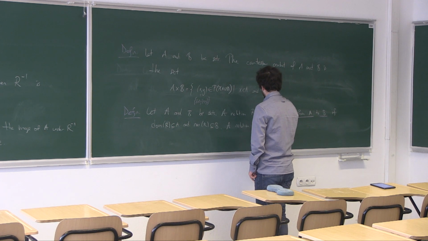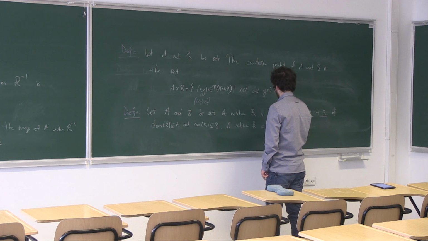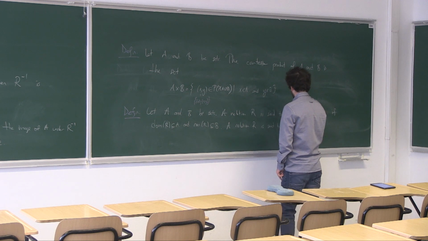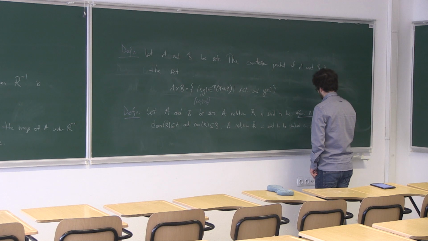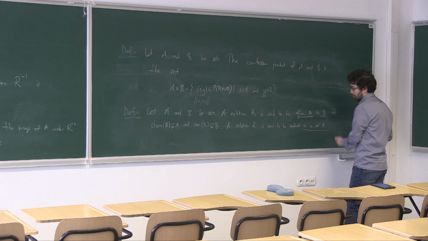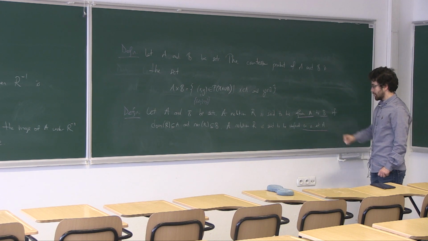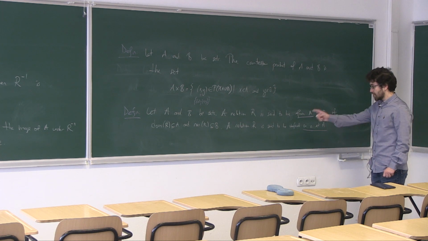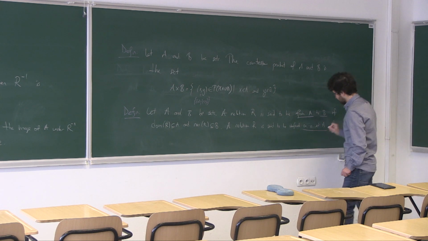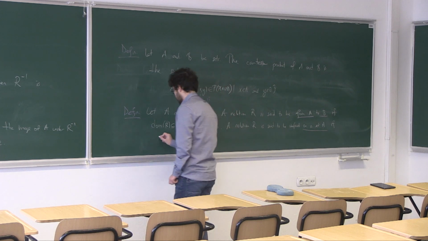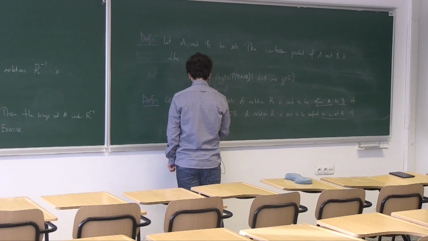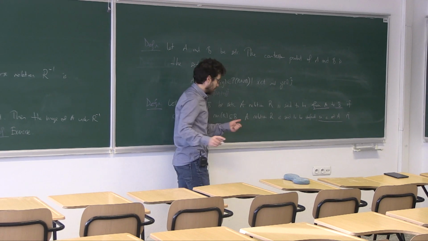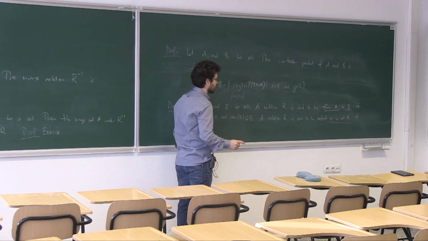And a relation R is said to be defined on a set A. When I use the phrase relation on a set, I mean a relation whose domain and range are subsets of the same set.